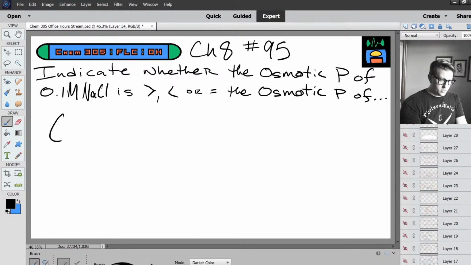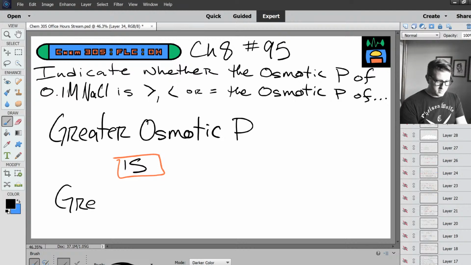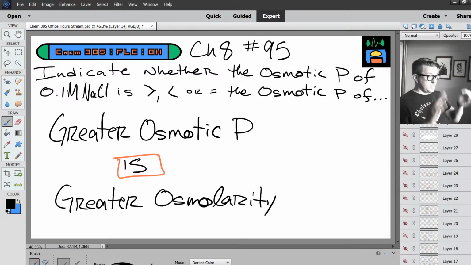Just to know off the bat, greater osmotic pressure is the same thing as greater osmolarity. So if they ask about osmotic pressure, we're just comparing the osmolarity of 0.1 molar sodium chloride to the osmolarity of whatever comes next.